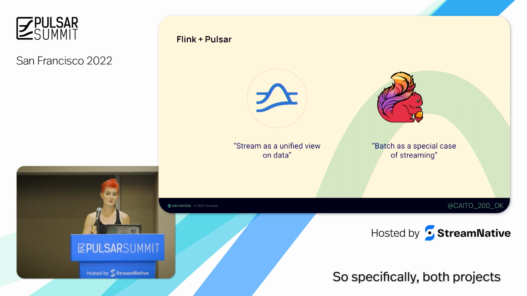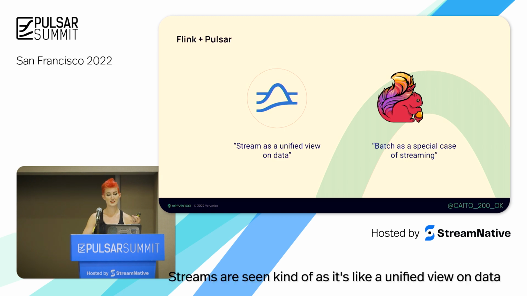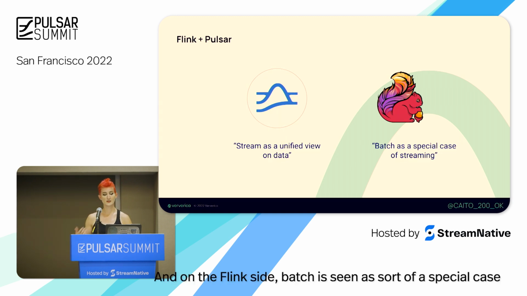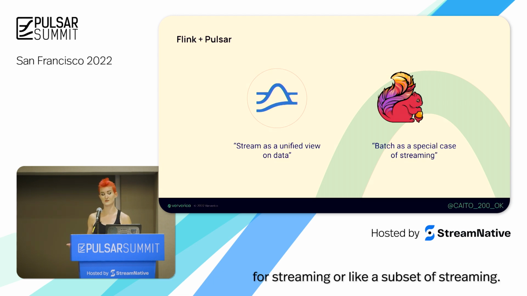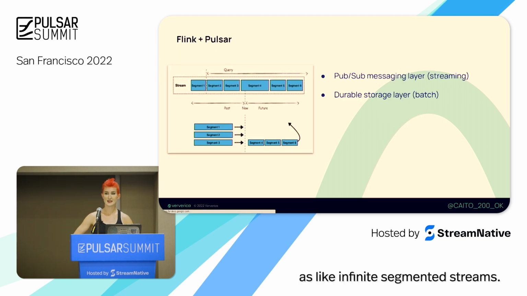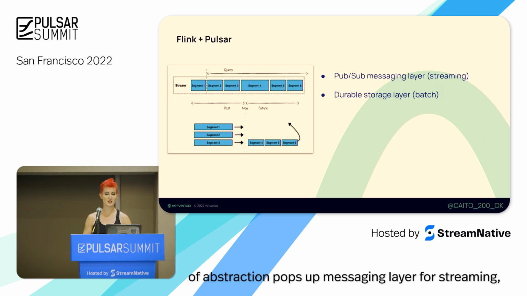Specifically, both projects share a common understanding around the idea of unifying batch and stream processing. On the Pulsar side, streams are seen as a unified view on data. And on the Flink side, batch is seen as a special case of streaming, or a subset of streaming. What this means is that on the Pulsar side, data is abstracted as infinite segmented streams, and you have different levels of abstraction: the pub/sub messaging layer for streaming, and the layer for durable storage and offloading.